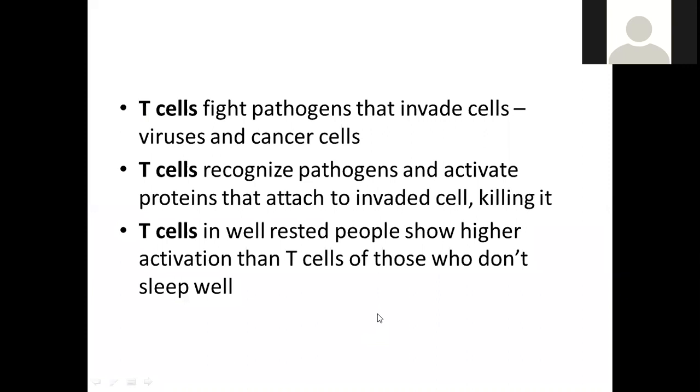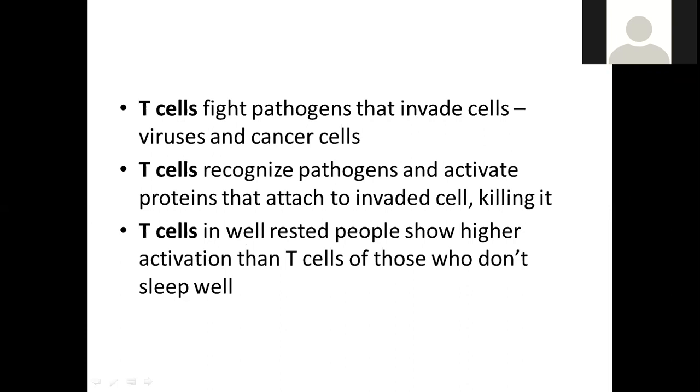So we have in our bodies a certain branch of cells called T cells, and those fight off disease-causing organisms called pathogens that can invade cells, such as viruses and cancer cells. And those T cells are charged with the responsibility of recognizing these pathogens.